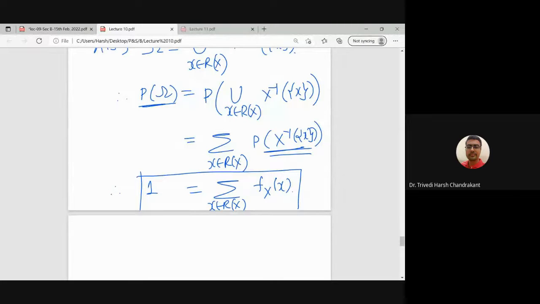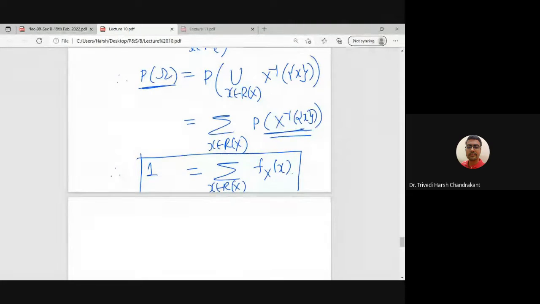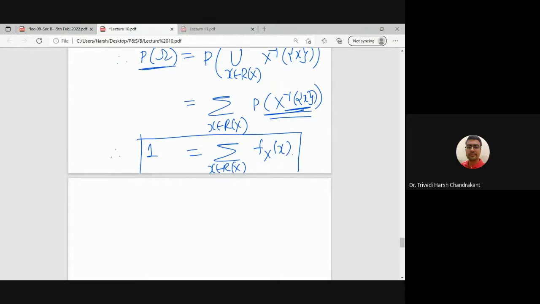So here we have defined the probability of getting the inverse image of a single set. But we can define the inverse image in general for any subset of the codomain, right?